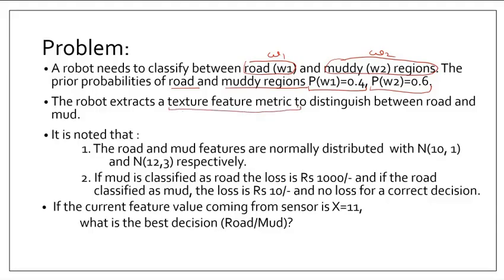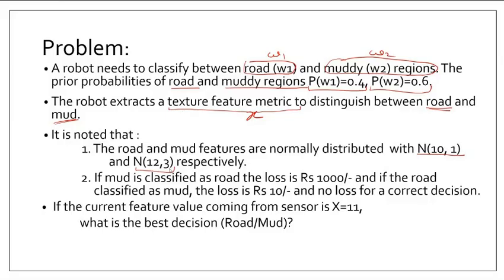That is helping us to distinguish between road and mud. Okay, so we can differentiate between road and mud with the help of that feature. So this is my X. It is noted that the road and mud features are normally distributed with normal distribution 10 comma 1. So the mean value is 10 and variance is 1, and the other one is 12 and 3.